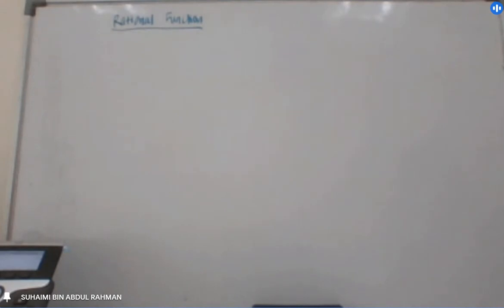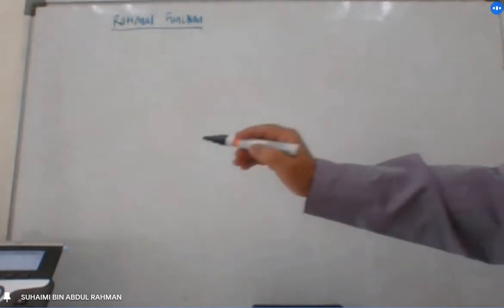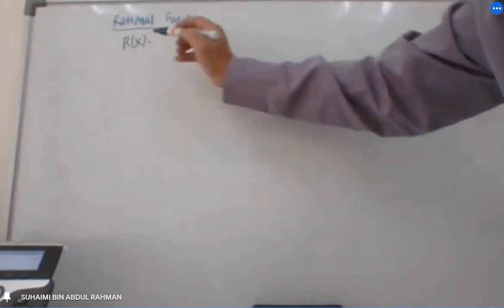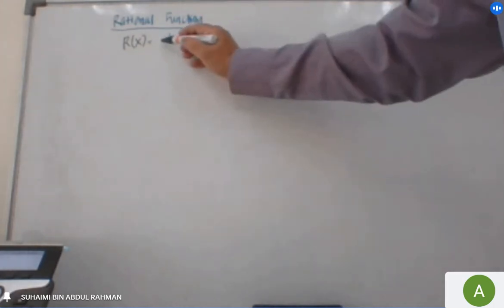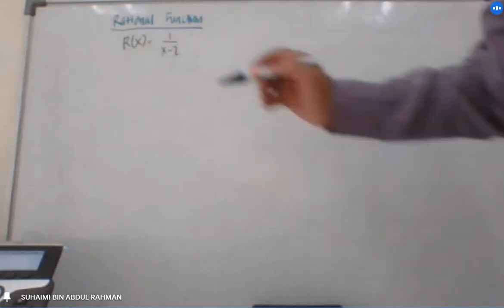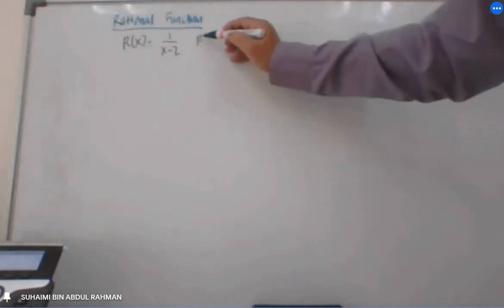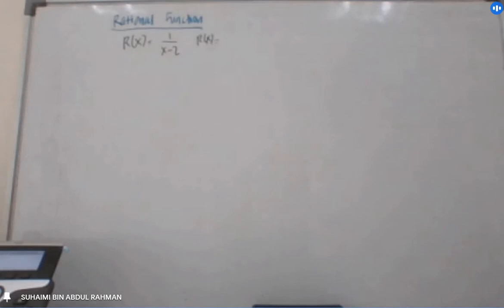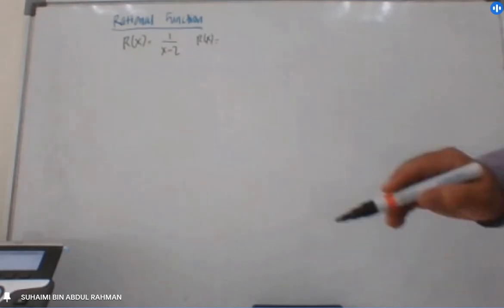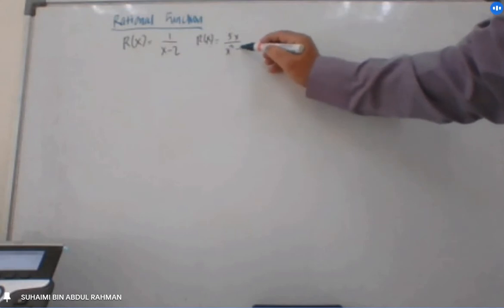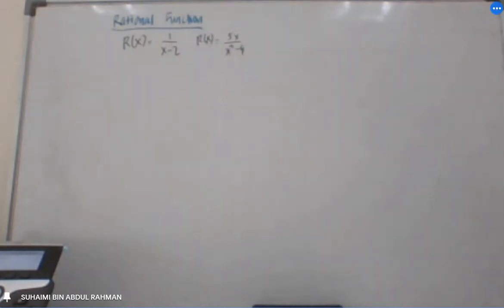Examples of rational functions, which we always represent by R(x), the rational function. Example like 1 over x minus 2. These are examples of rational function. And another example of a rational function is 5x over x squared minus 9. These are examples of rational functions.